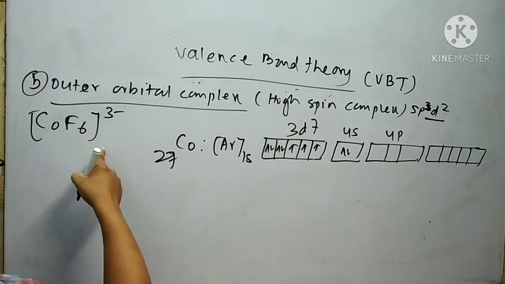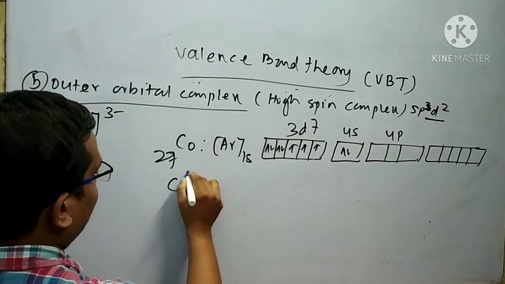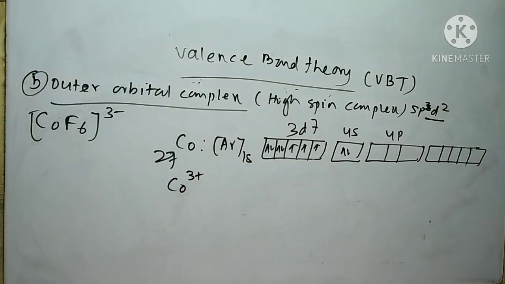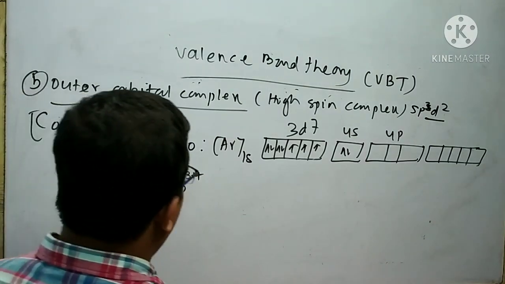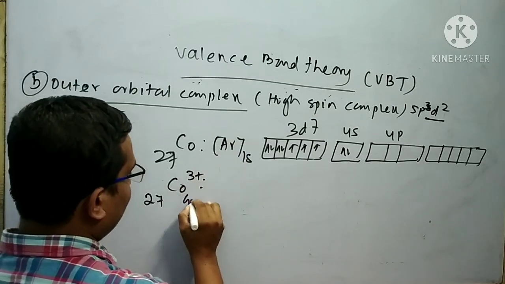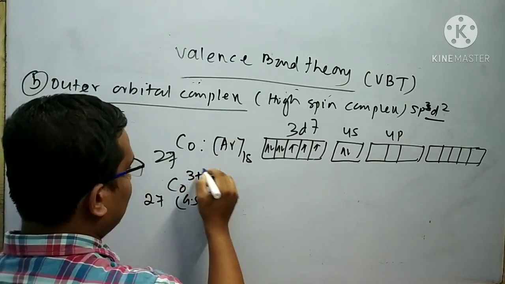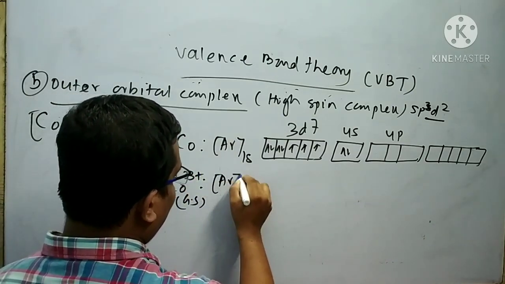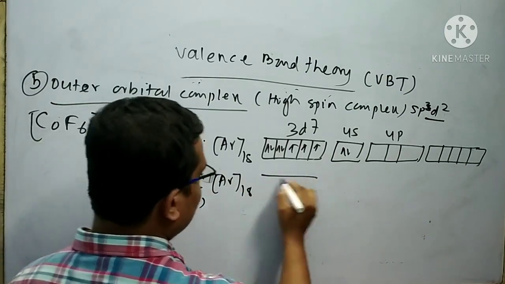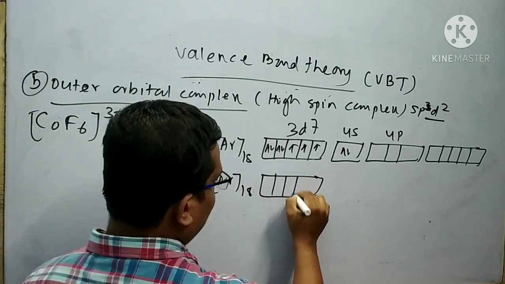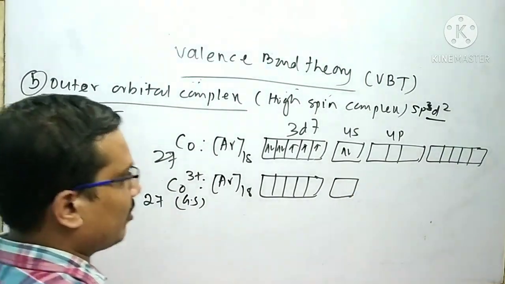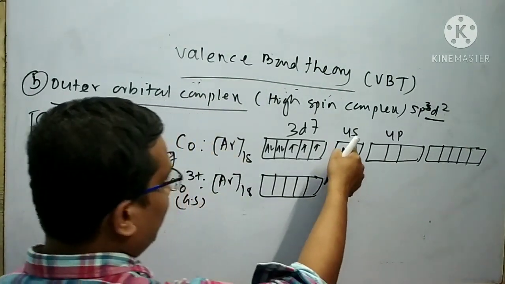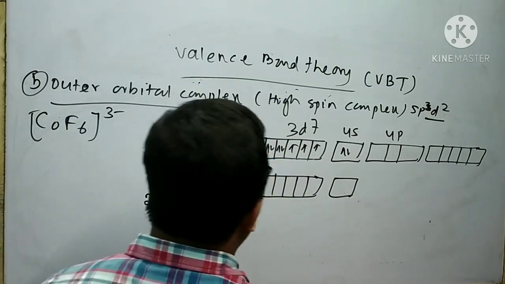In [CoF6]3-, the Co3+ ion plays an important role. So next step I will draw the ground state of Co3+, argon 18. I can remove the 3 electrons, 2 electrons from 4s, 1 electron from 3d.